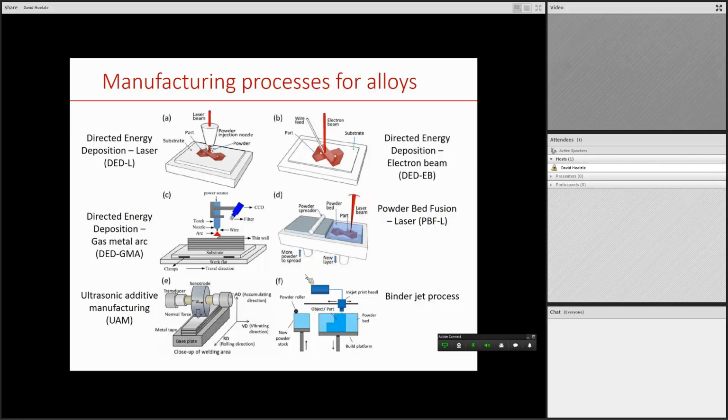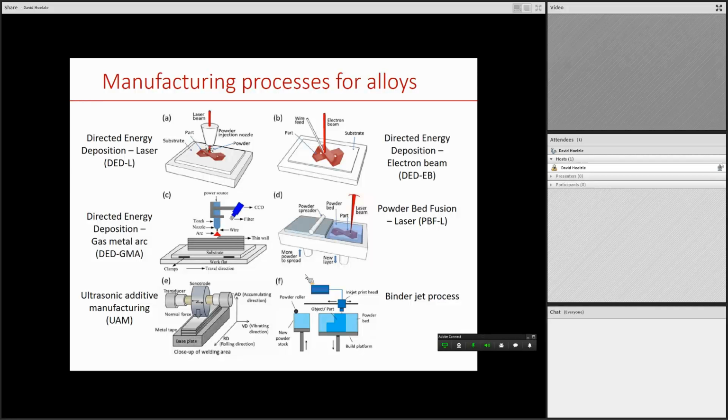Another thing the authors mention in the paper is that these six manufacturing processes can be divided into two categories: direct processes and indirect processes. The direct process means the components can be obtained just from a computer model, so we don't have to machine it afterwards.